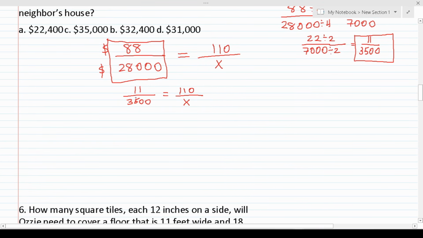As I mentioned, to solve this one we're going to cross multiply. That is, 3,500 times 110 and 11 times x. 11 times x is 11x, and this becomes 3,500 times 110.